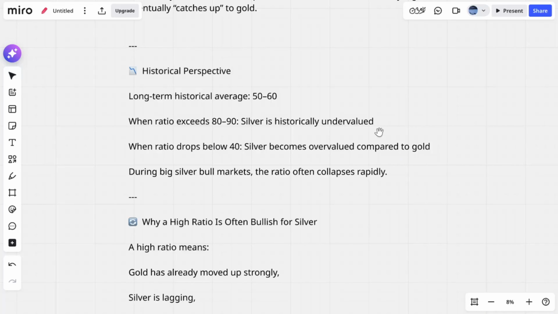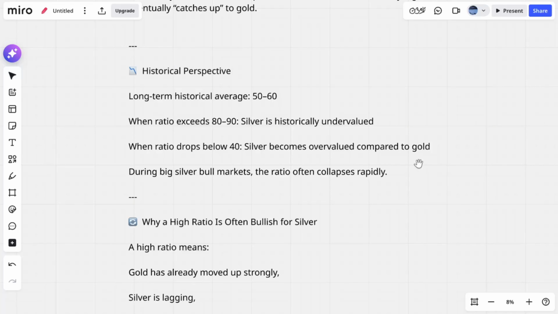So there was a time when I was pointing to the fact that it was above 100, and that would have been a great, low risk time to get into silver. But I think it's still not too late. It's 64 at the moment, but when the ratio dips below 40, silver becomes overvalued compared to gold.